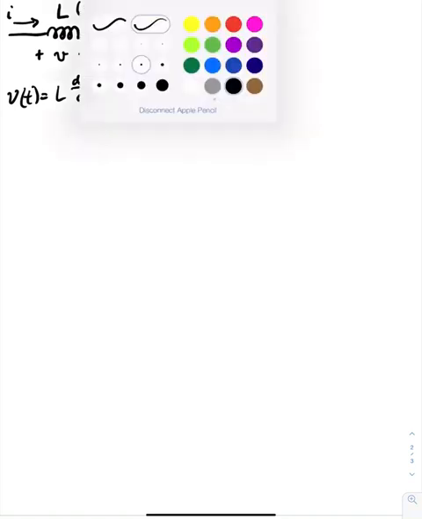Okay, the primary equation for inductors is v of t equals L di dt. And we had mentioned that current through an inductor must be continuous.